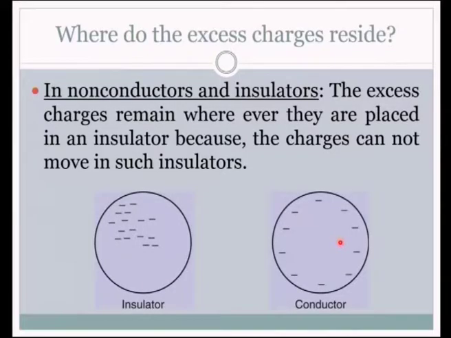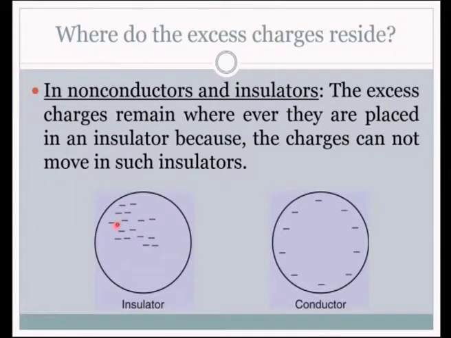Now, the case of insulators or non-conductors. In non-conductors and insulators, the excess charge remains wherever it is placed, because the charges cannot move in such insulators. See, it is depicted here. The charges placed on an insulator appear wherever they are placed, whether on the surface or inside, if it is a solid material.